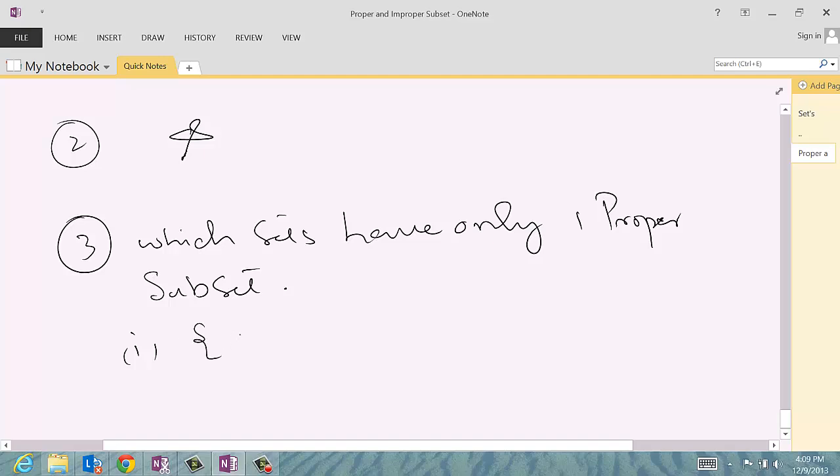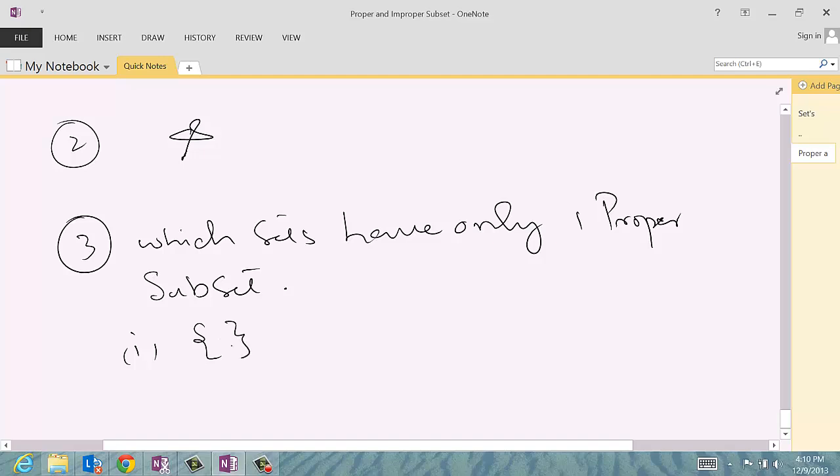Every set which has only one member is a subset of itself, but that is going to be an improper subset. So phi is going to be the only proper subset.